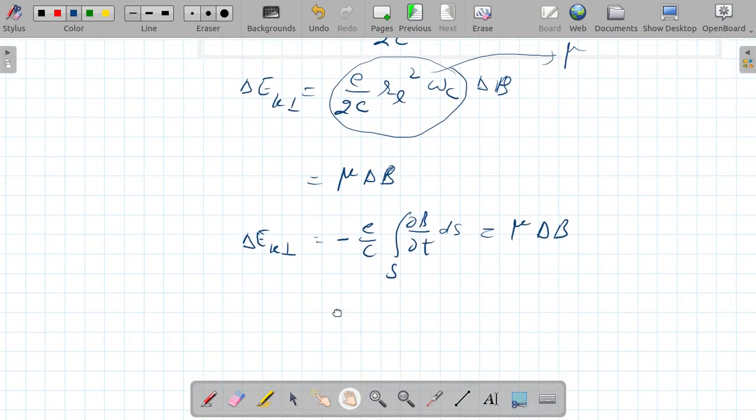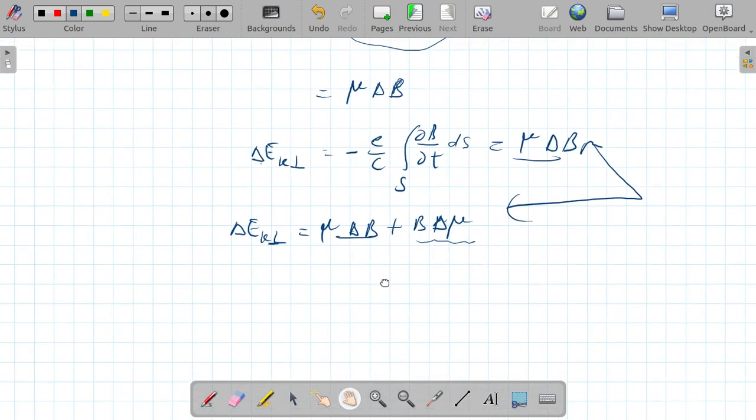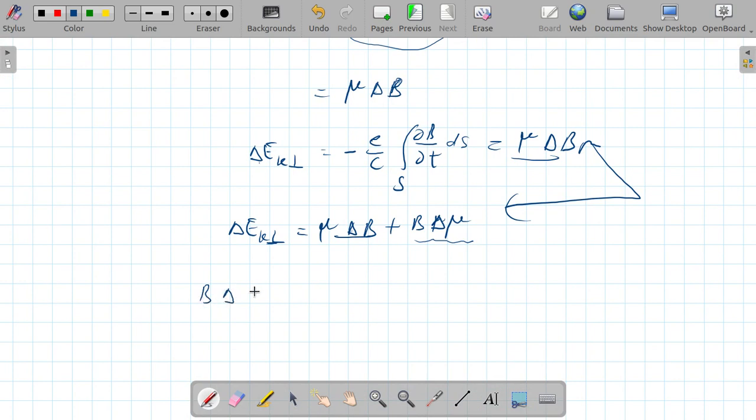But as we know from earlier lectures that delta E k is nothing but mu delta B plus B delta mu. So if I compare these two equations, this is equal to this quantity, but this is equal to this quantity plus an additional quantity. So this is possible if and only if B delta mu is equal to 0, which implies delta mu is equal to 0, and this leads to this being a constant.